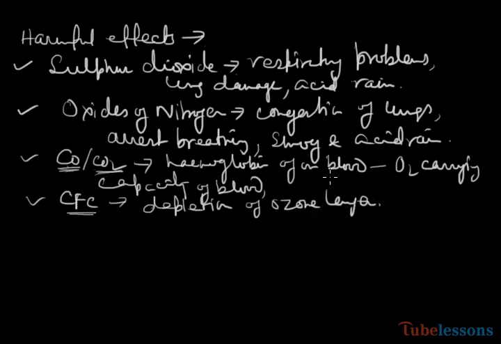This depletion or destruction of the ozone layer by CFCs allows extremely harmful UV rays from the sun to reach the earth, and these UV rays may cause various harm to the living system. For humans it may cause diseases like skin cancer and other harmful effects.